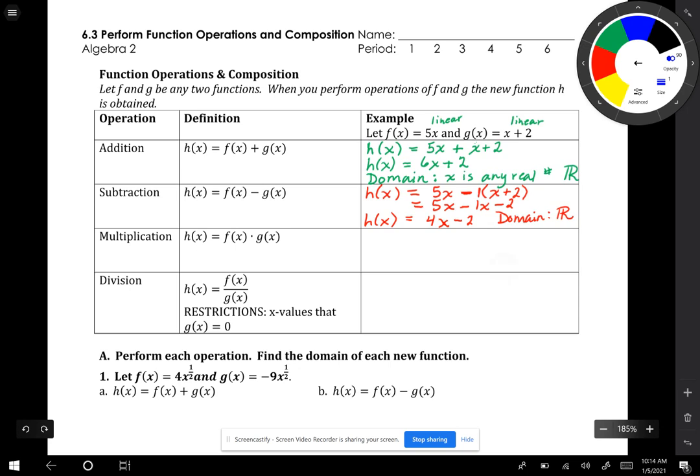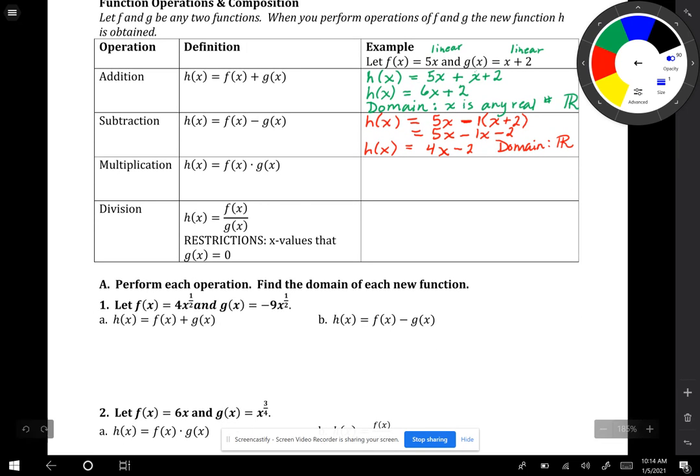Our next one, multiplying two functions. So this time we want to multiply, and multiplying the order doesn't matter. So h of x is equal to f of x times g of x, and g of x is x plus 2. Remember, I'm getting this information right here.